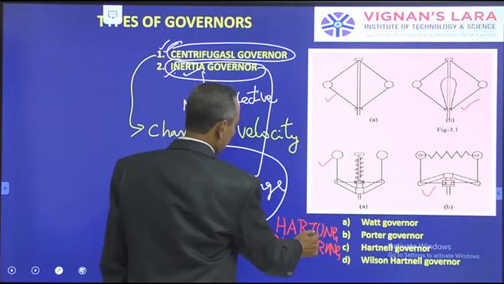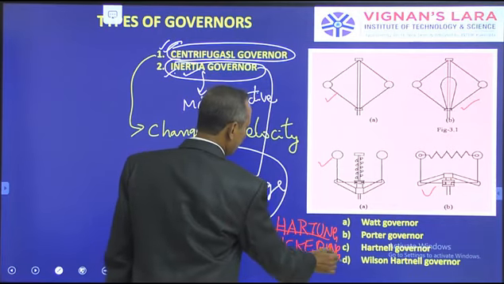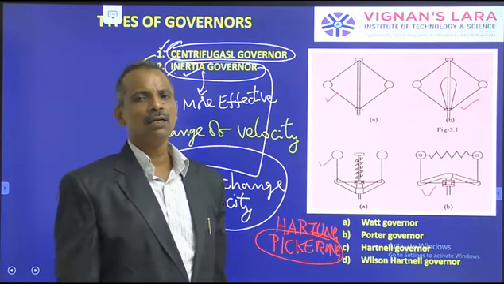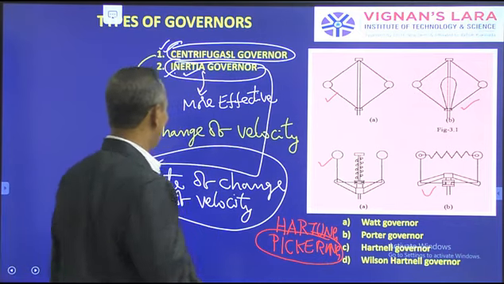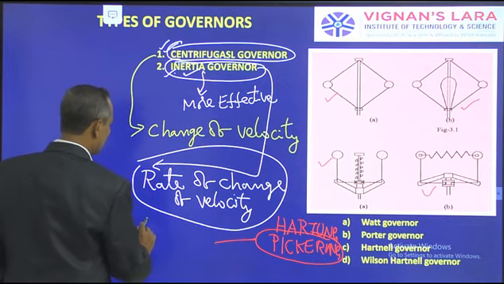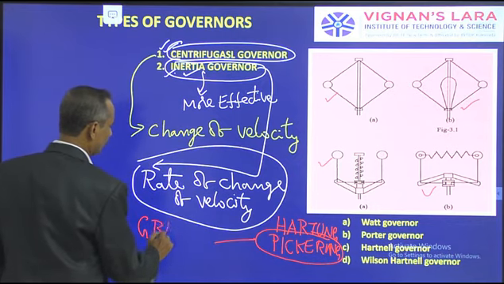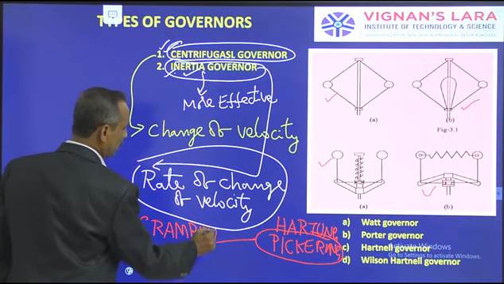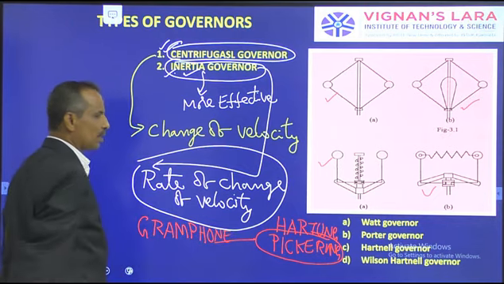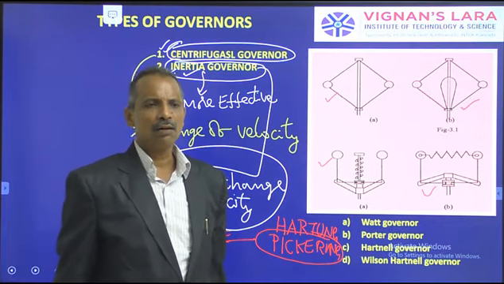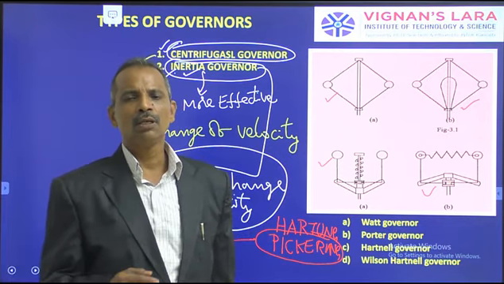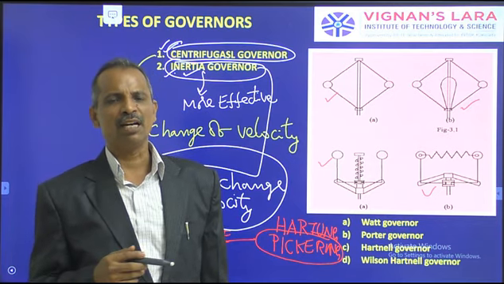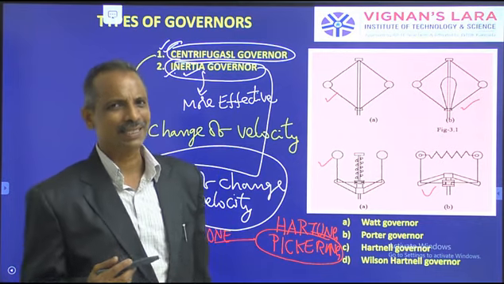So of course nobody is using Pickering governor nowadays because it was one of the oldest governors which was used in a device called gramophone. This is used in gramophone. I don't know how many of you are aware of a device called gramophone. See, in the earlier olden days, the audios, songs and everything were available on a disc.